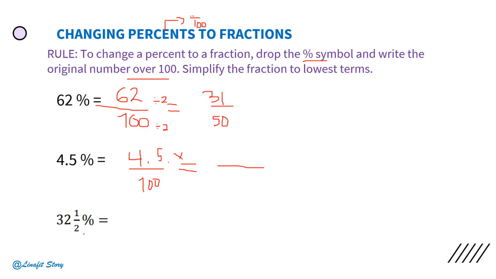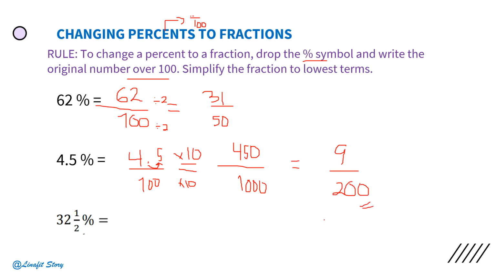Because after the decimal point there's only one digit, you have to multiply it by 10. You multiply both numerator and denominator by 10, so it equals 450 out of 1000. Then simplify, equals 9 out of 200.